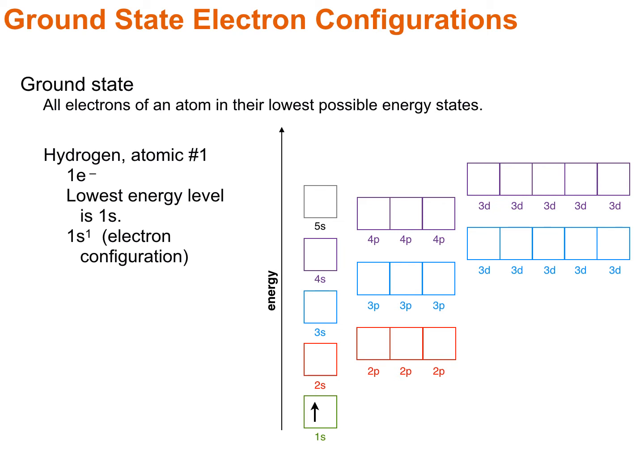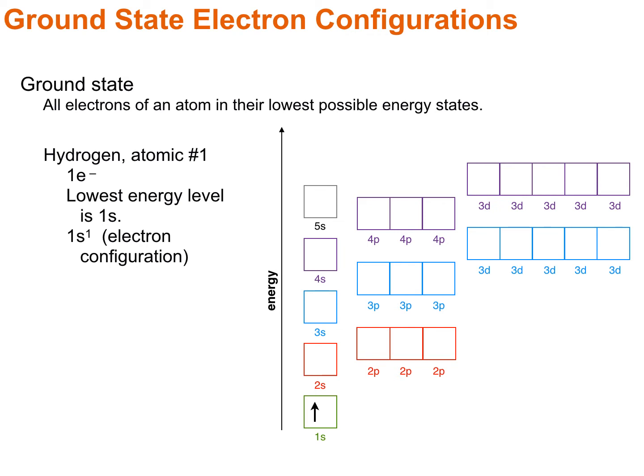Now, the big take-home message for this diagram on the right is that, first of all, each s subshell has a single s orbital. Each p subshell has 3 p orbitals within it, and each d subshell has 5 d orbitals within it.